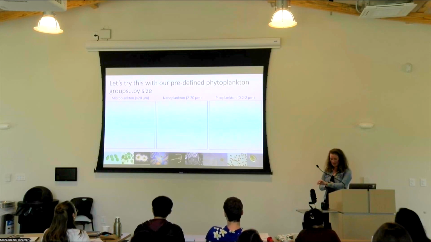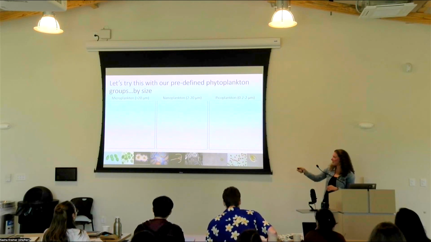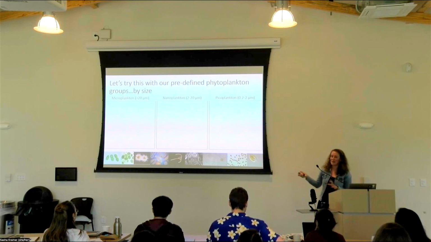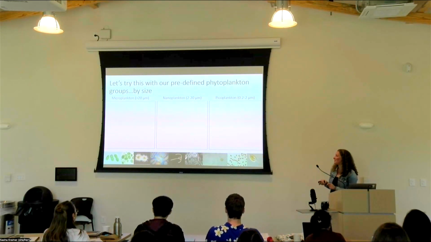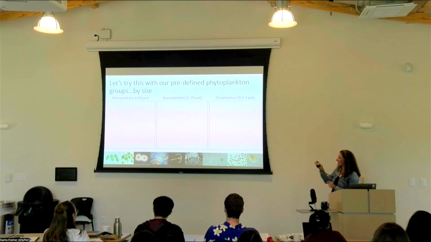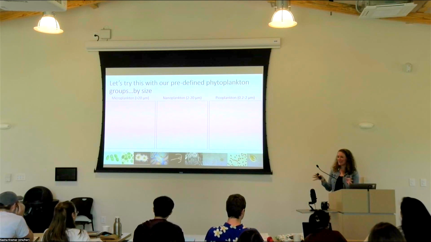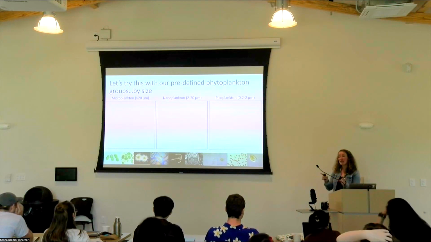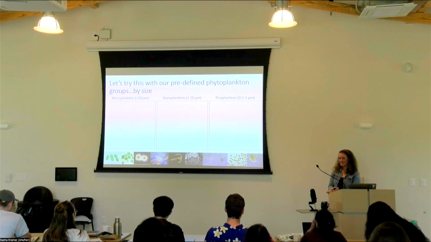Maybe we'll give you a minute and a half because you don't have to get it perfectly right, but talk about which groups you would put in each of these three categories. I put these pictures on the bottom, but if you want me to remind you of the names, you can definitely ask. But we have the microphytoplankton, the nanophytoplankton, the picophytoplankton. Where would you put all of these different taxa? And it's okay to put things into two categories or three. Ready, go.